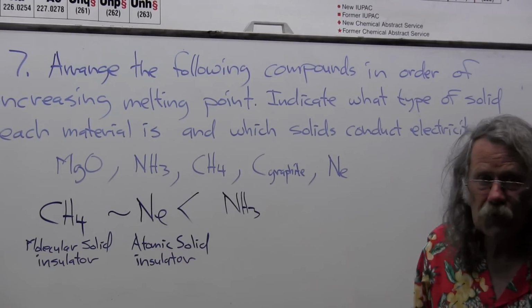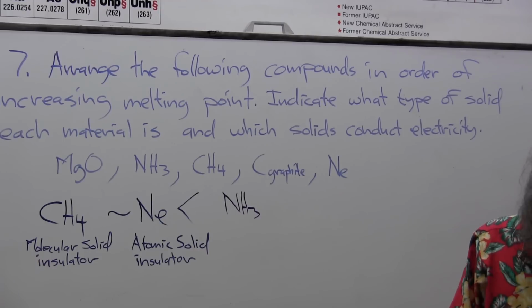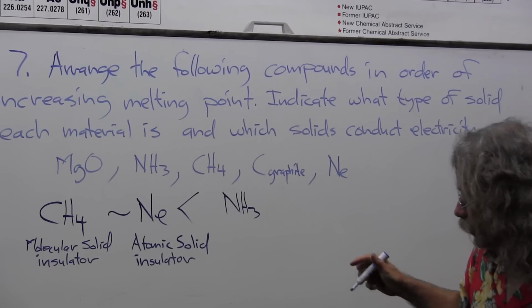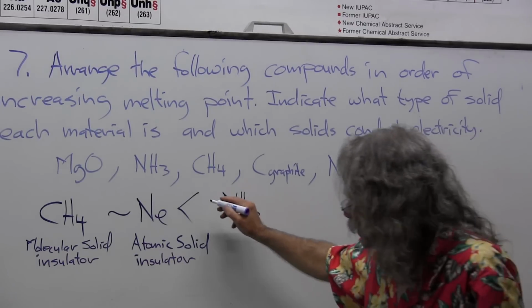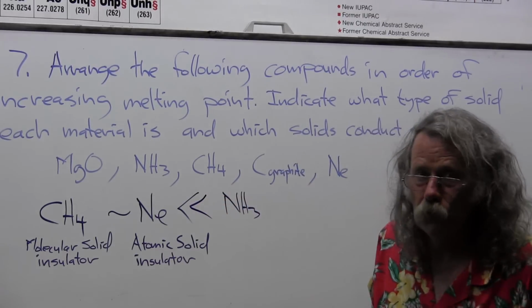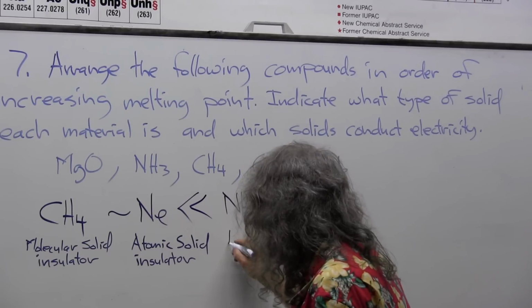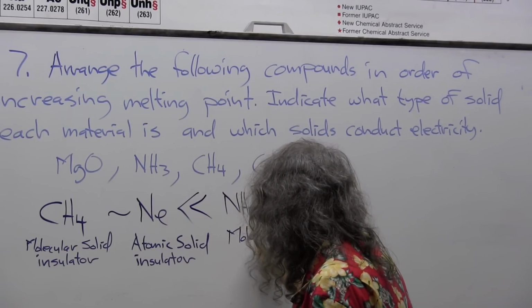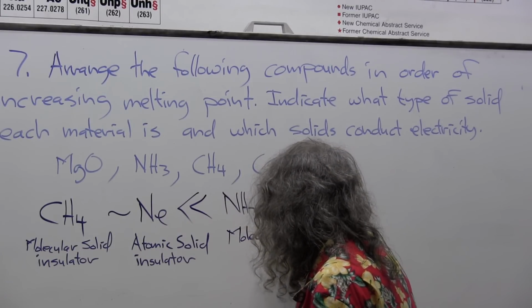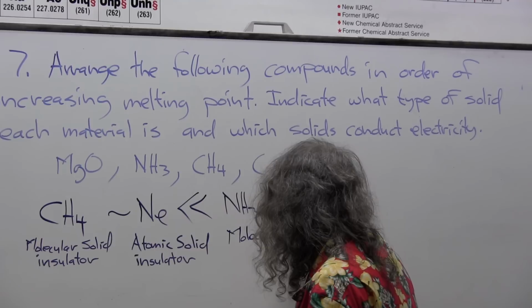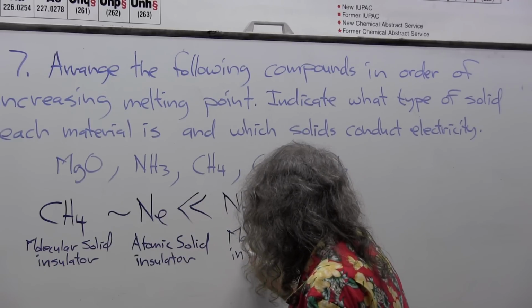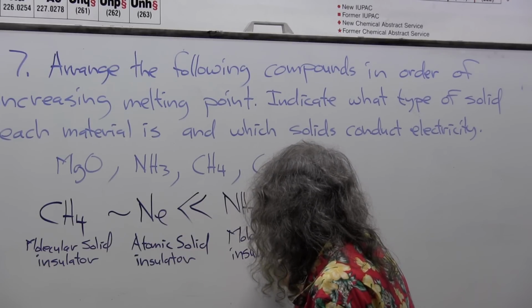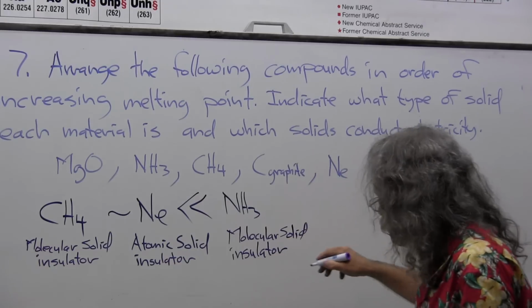And it can also engage in hydrogen bonding, which is really going to raise the melting point. So it's definitely going to be way above that. I can have two of those in my arrows. And this is a molecular solid, and it's, again, an insulator, which I hope I spelled right.